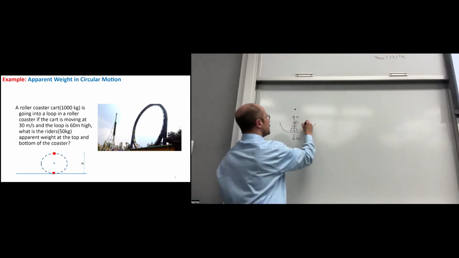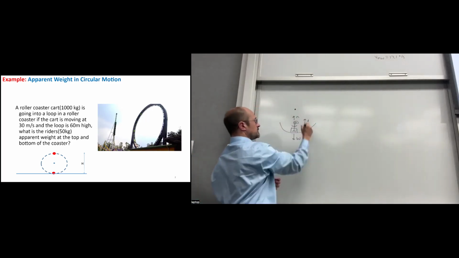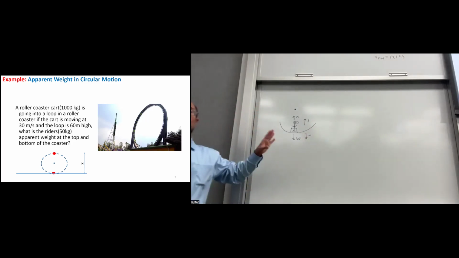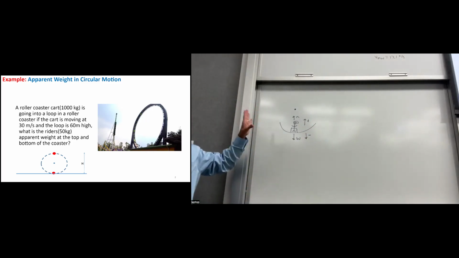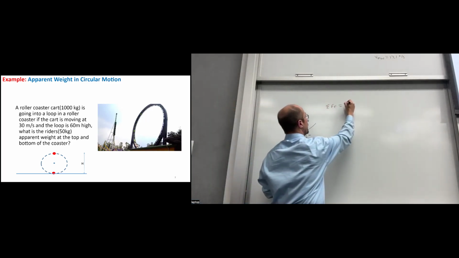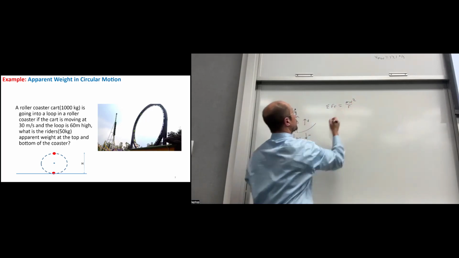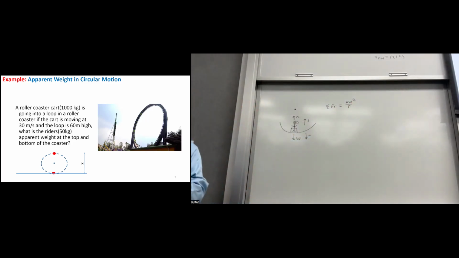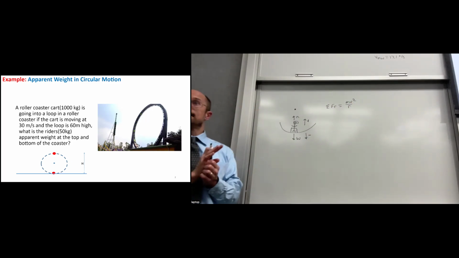So this time, we see that our plus direction is towards the center and our negative is away from the center, right? So when we go to sum our forces in the radial direction, we have mv squared over r. Is everyone okay with that?